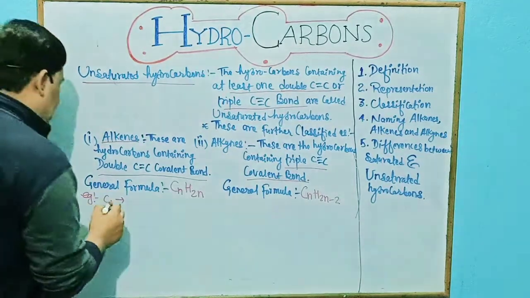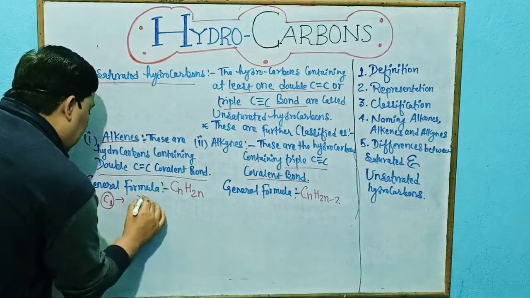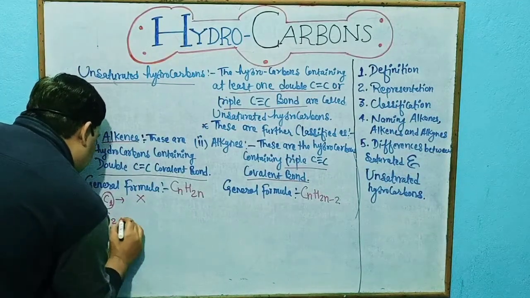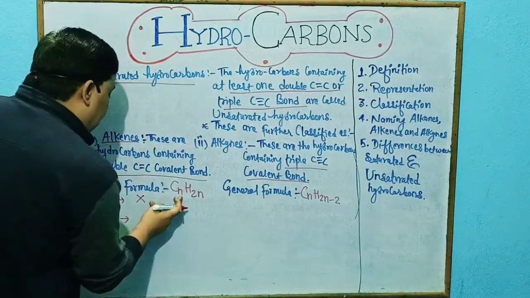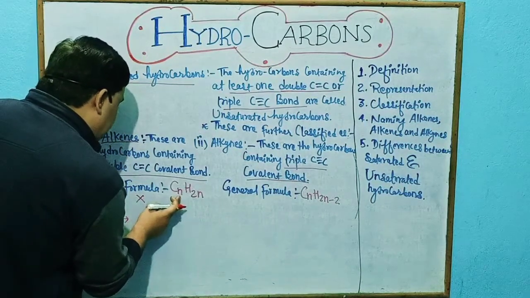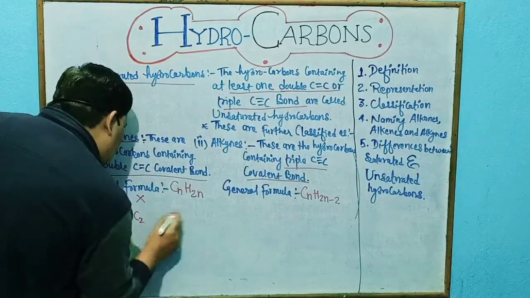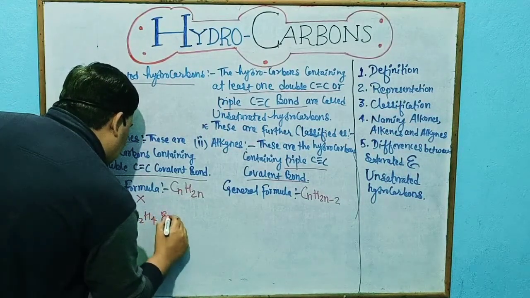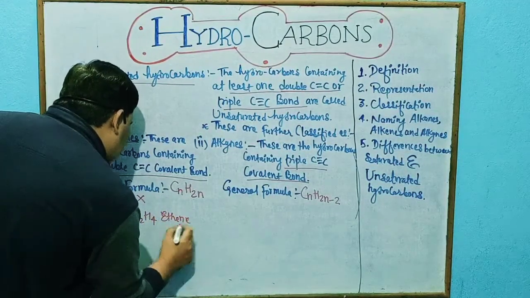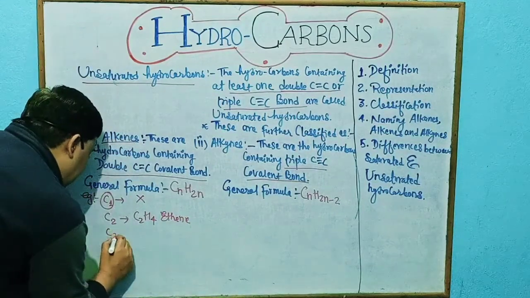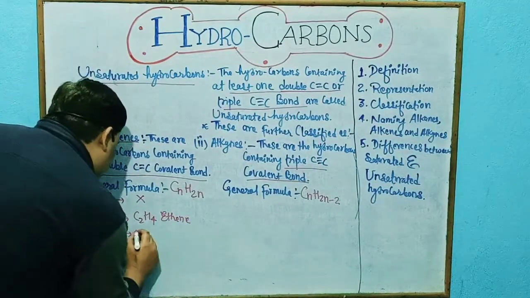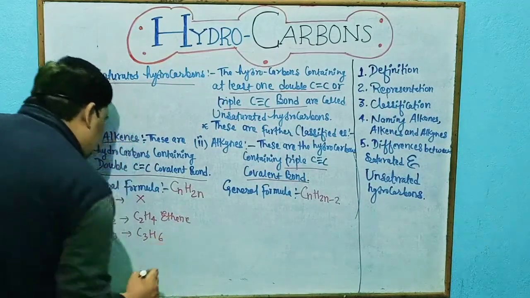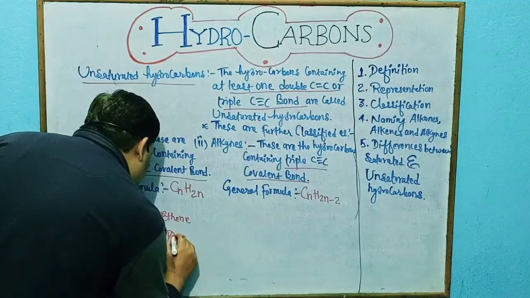So for C1, no alkenes are possible. When the carbon atoms are 2, putting 2 in place of n, you get C2, and then H2 twos are 4, H4. It is ethene. When the number of carbon atoms is 3, it is C3, 3 twos are 6, H6. It is propene.